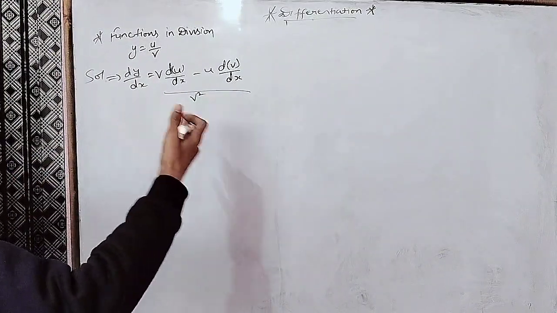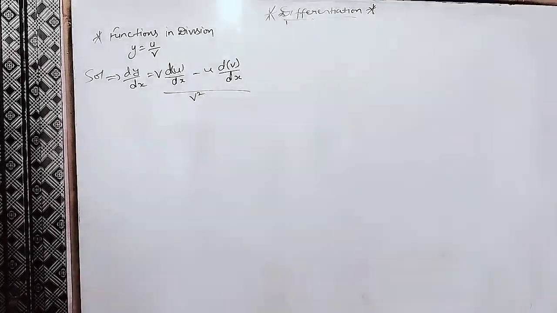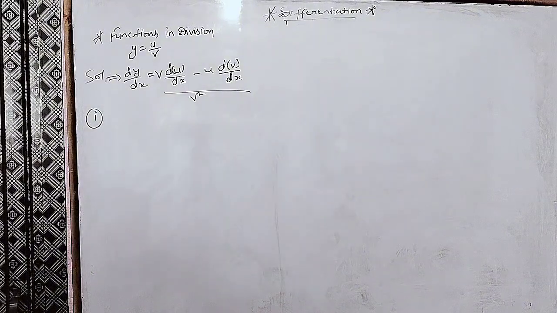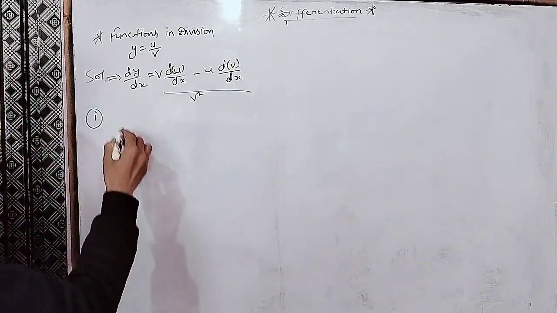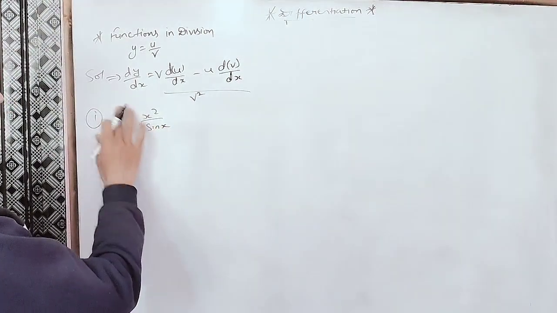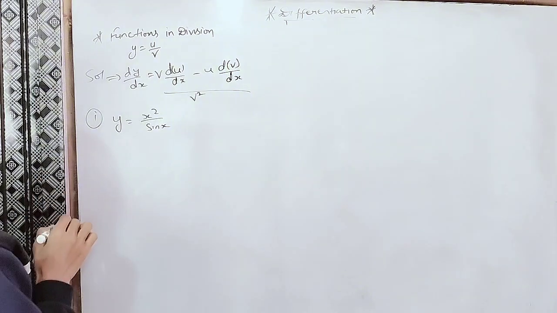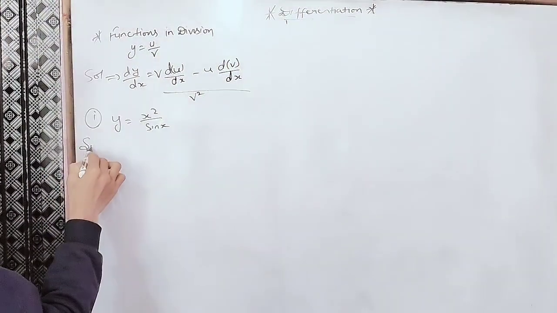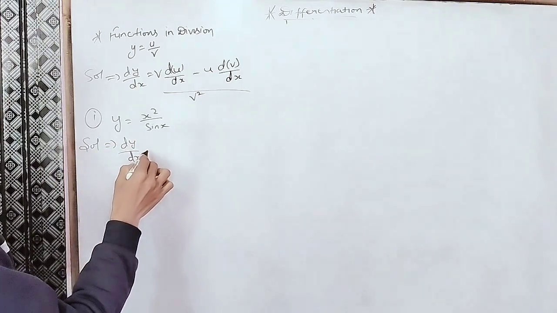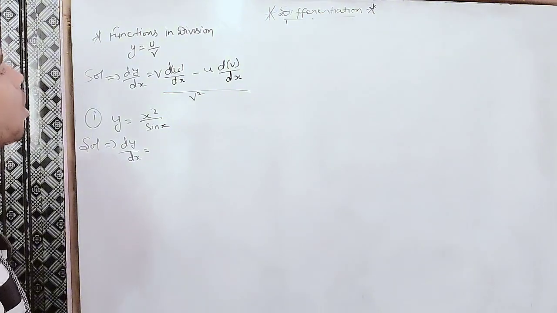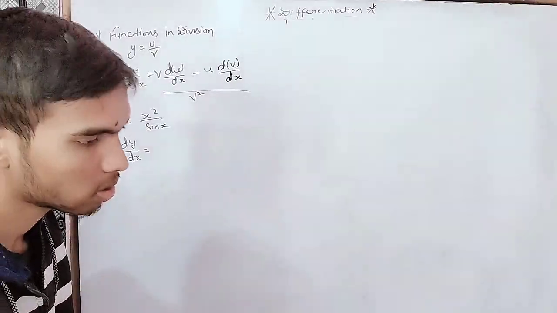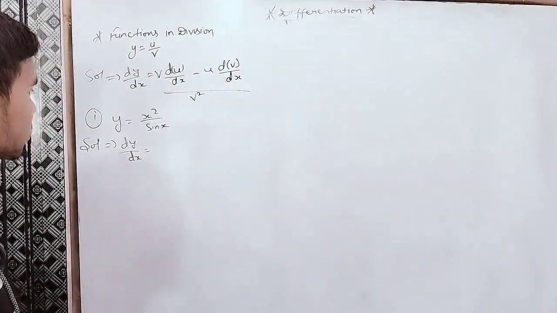Let's understand it by solving some examples so that we can be clear. So the question is y is equal to x square upon sine x.